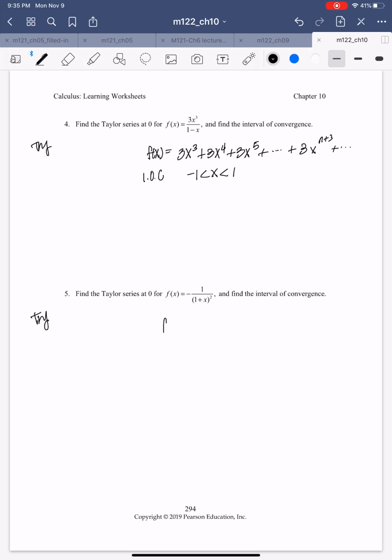F of x ended up being negative 1 plus 2x minus 3x squared, up to negative 1 raised to the n times n x^(n−1), and then the interval of convergence is negative 1 to 1.